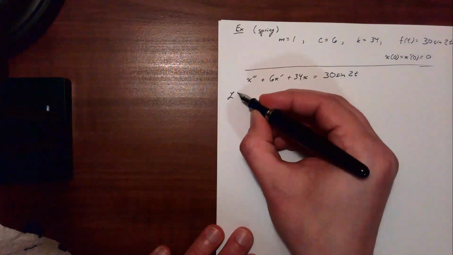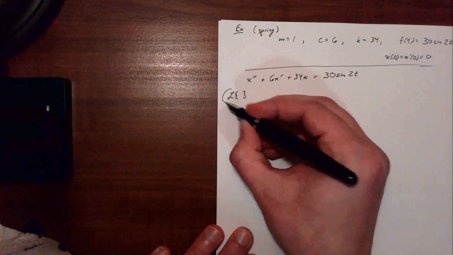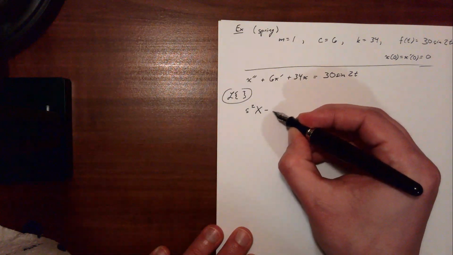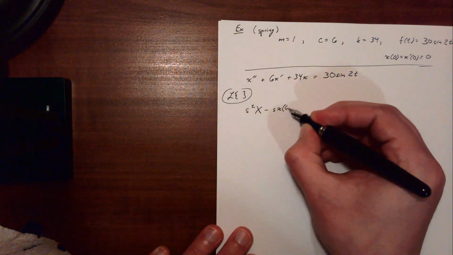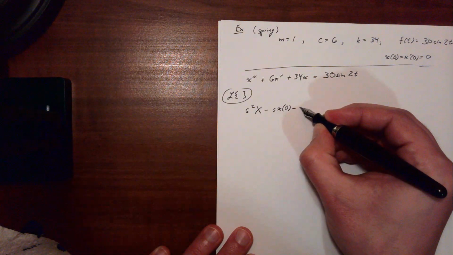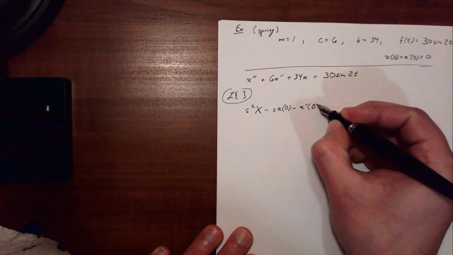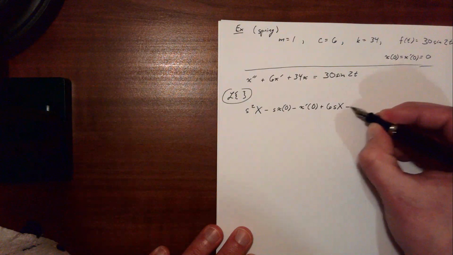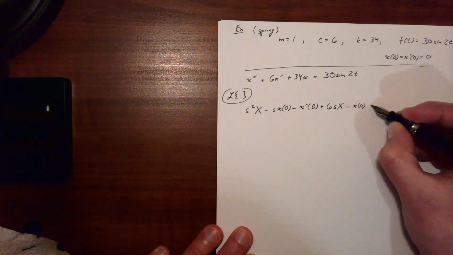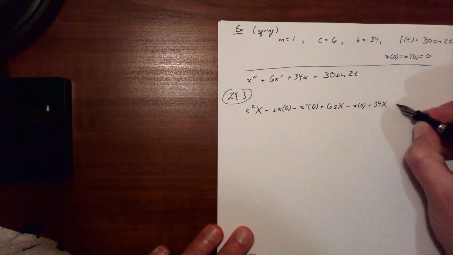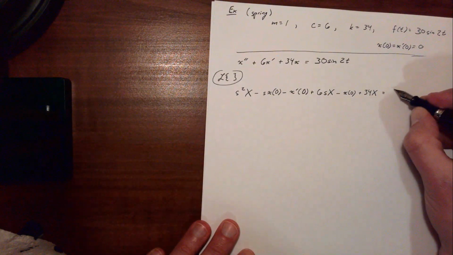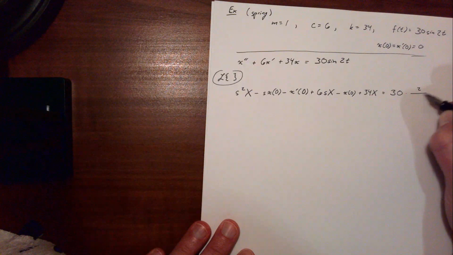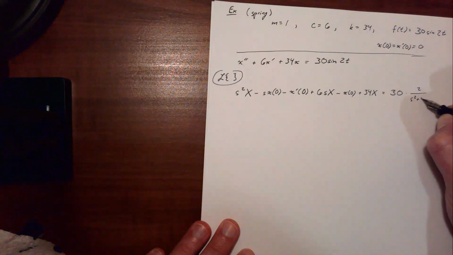So if I take the Laplace transform, that's going to give me s squared X minus s x of 0 minus x prime of 0 plus 6sX minus x of 0 plus 34X equals, over here we're going to have 30 times, and it's sine, so it's going to be k up here, and s squared plus 4 down there.